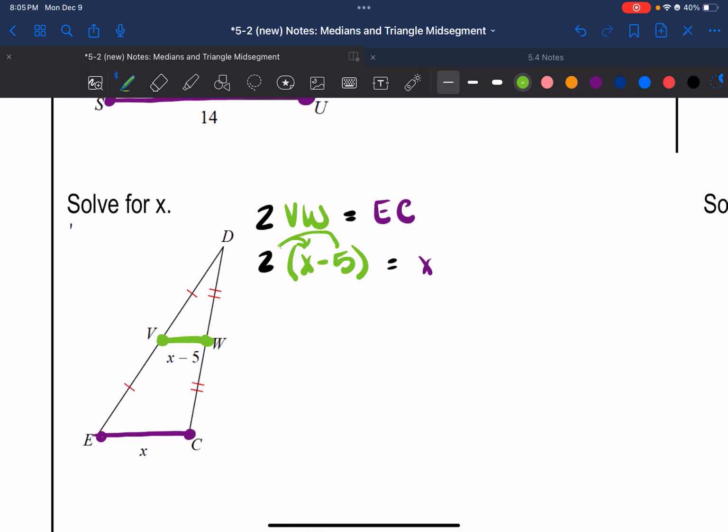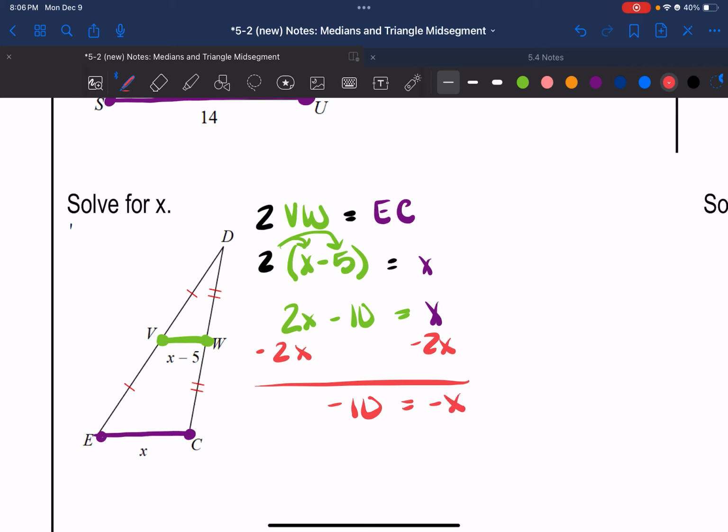So distribute 2, so I get 2x minus 10 is equal to x. Then I'm going to subtract 2x from both sides, and I get negative 10 is equal to negative x. And then my last step is to divide by negative 1, and 10 is equal to x.